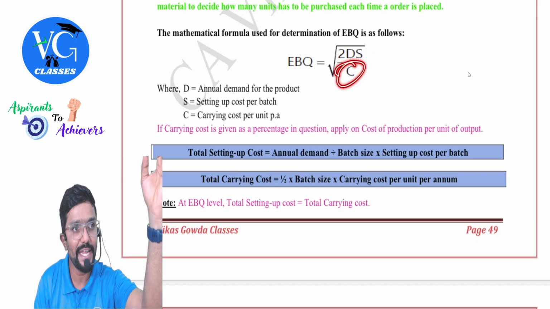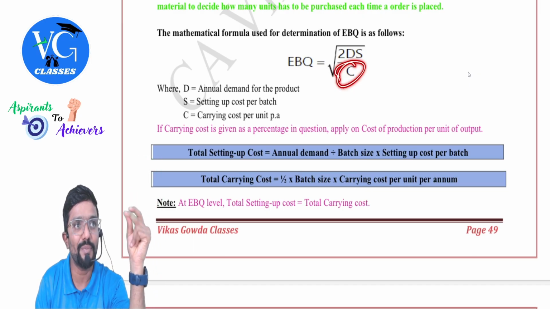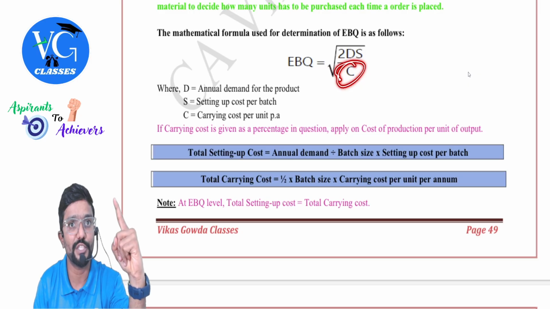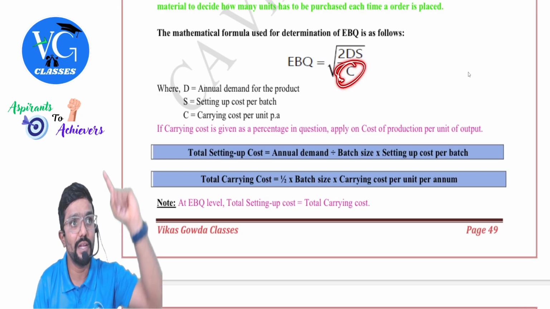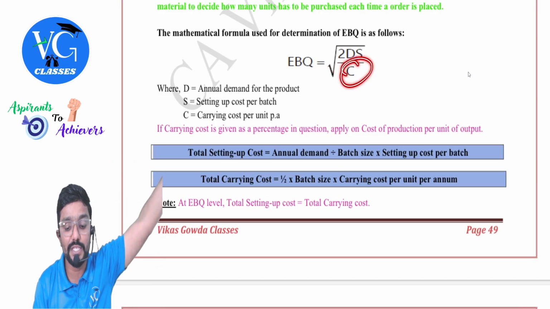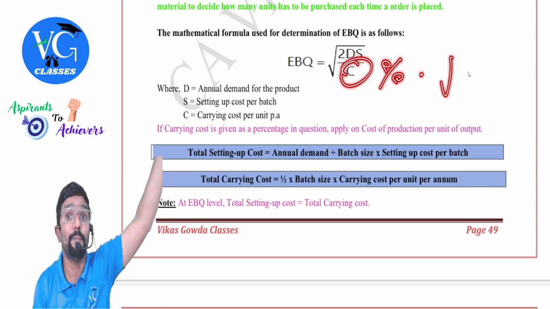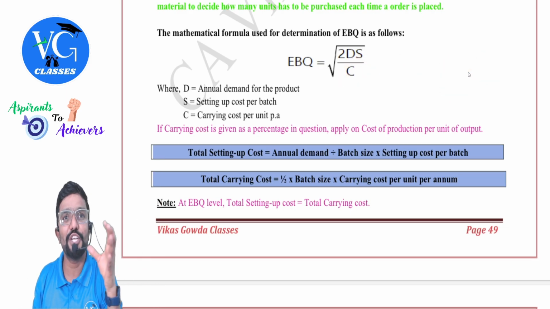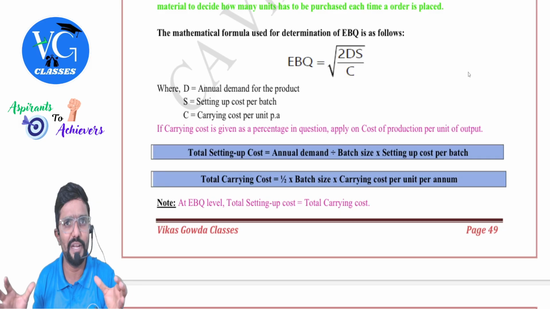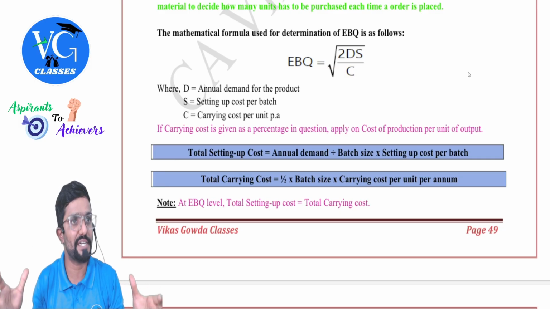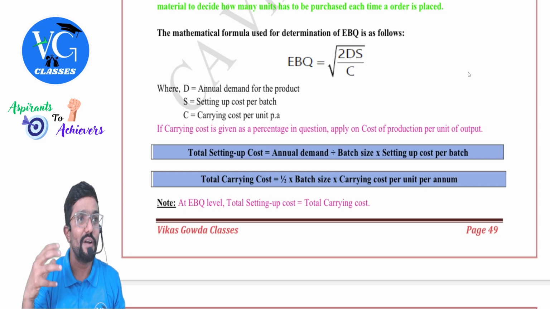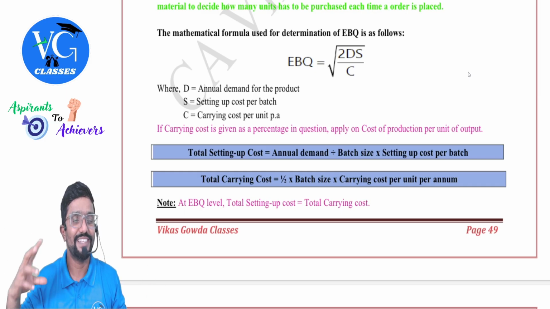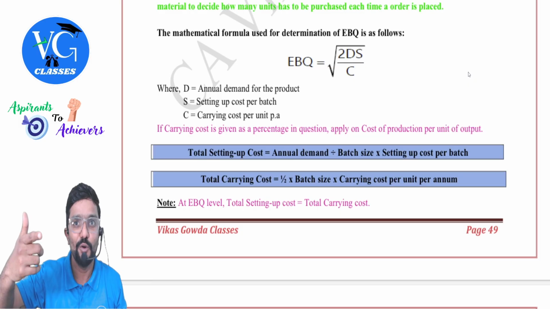Important thing. If carrying cost is given in percentage, you need to apply it on what? Cost of production. While calculating EOQ, if carrying cost is given in percentage, we used to apply it on the purchase price of raw material. But here, guys, once the manufacturing is completed, I need to look after the products. If the cost of the product which I have manufactured is huge, then the carrying cost which I incur also should be more. Why, sir?